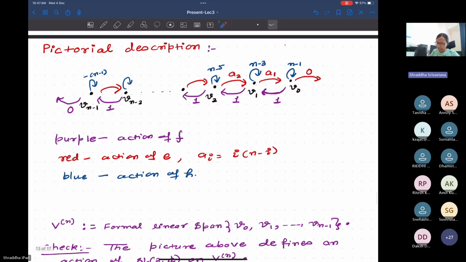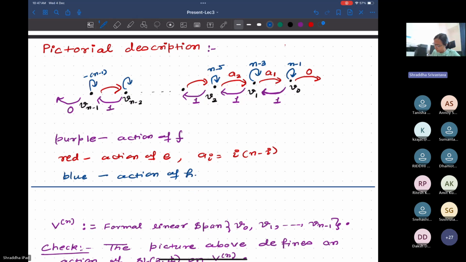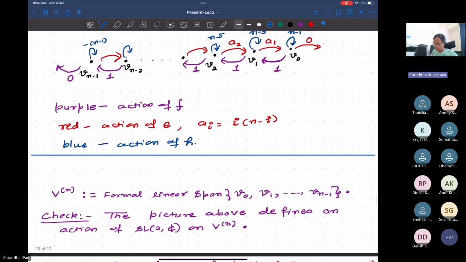Another way, which is a problem in the tutorial, is to realize the irreducible representation inside some polynomial ring. Let us do that in the tutorial, not now. But the upshot of all of this is that given any natural number n, there is an irreducible representation for SL2C.